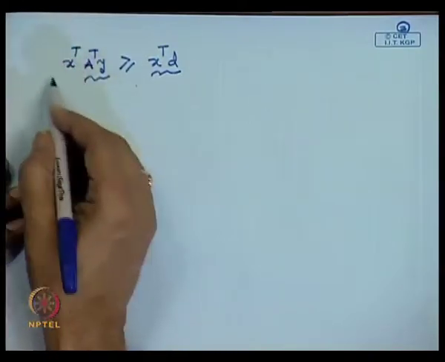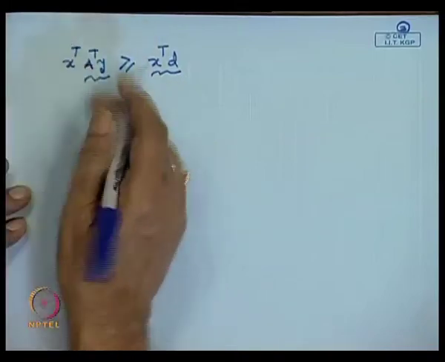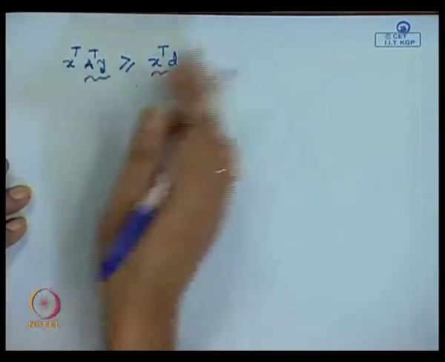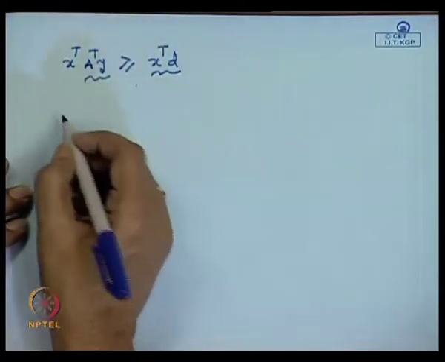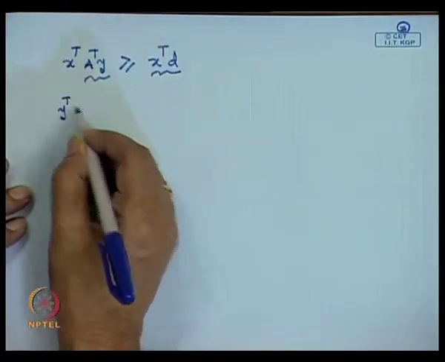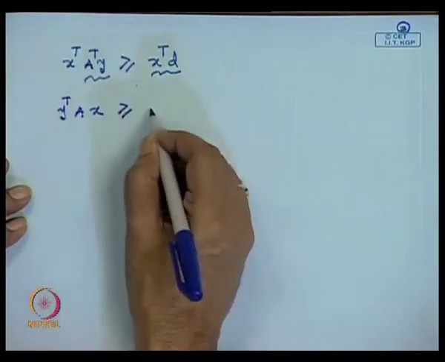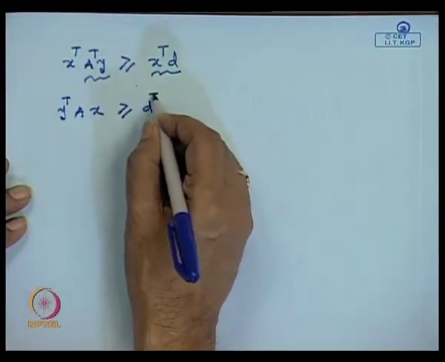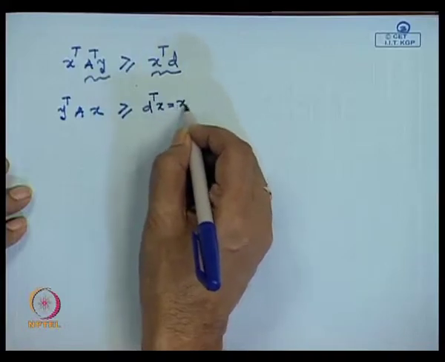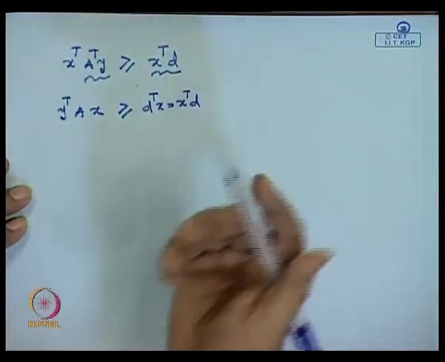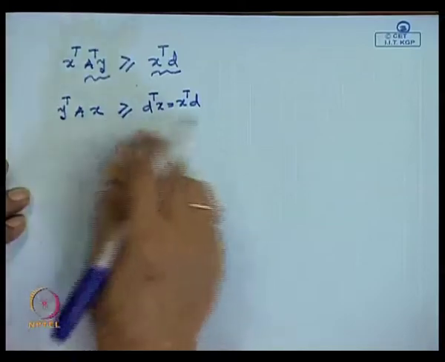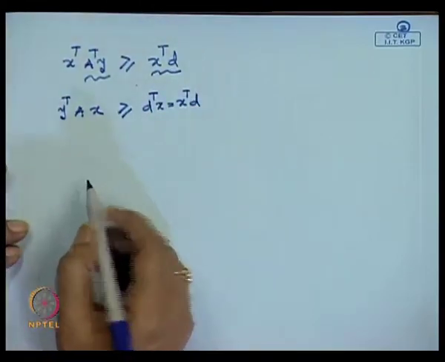Since it is a scalar, taking the transpose of both sides leaves it the same. So I can write y transpose A x is greater than or equal to D transpose x, which is the same as x transpose D, because the transpose of a scalar value is the same value.